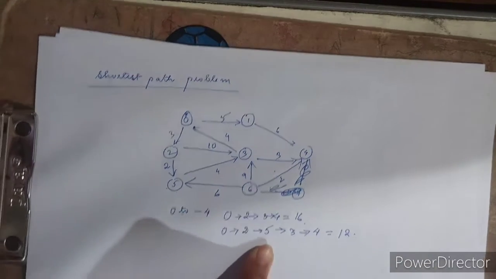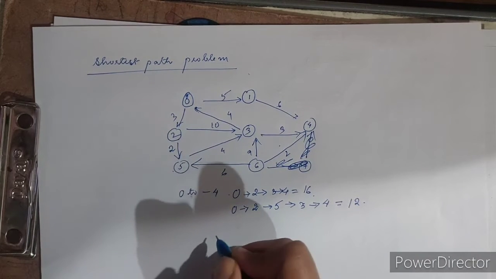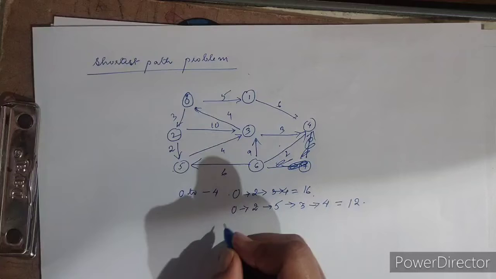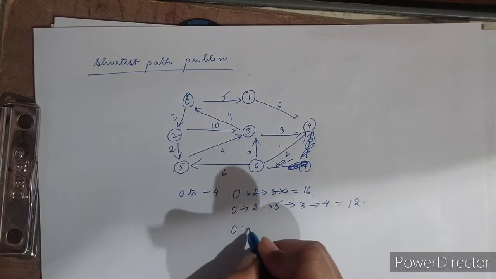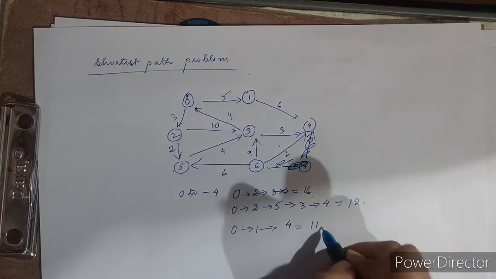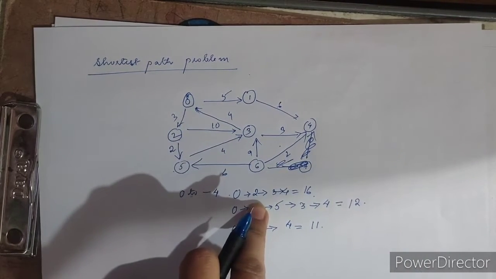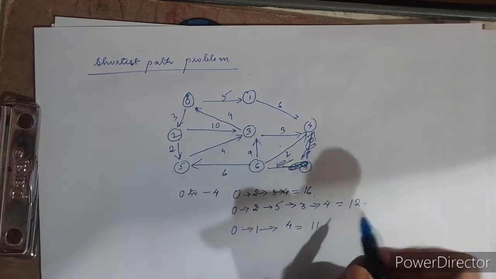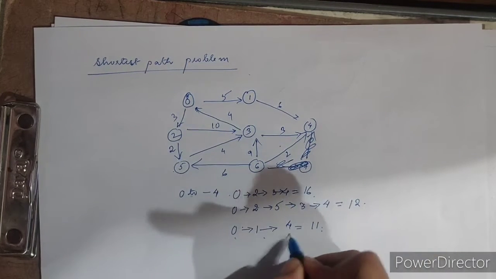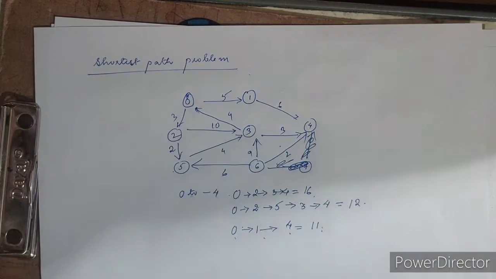This is another way. Next, another path will be from 0 to 1 and from 1 to 4, that is 11. So you can see that I have found 3 possible paths, and the shortest path is from 0 to 1 to 4.